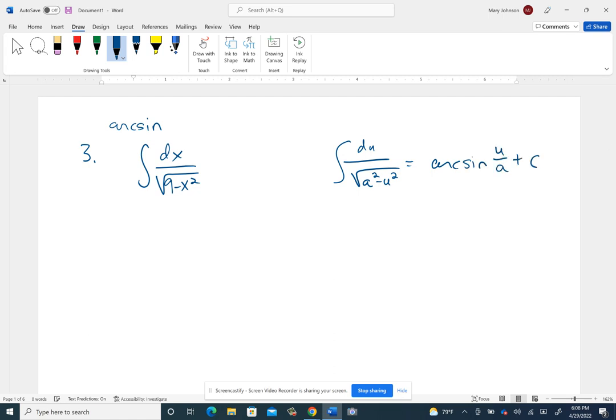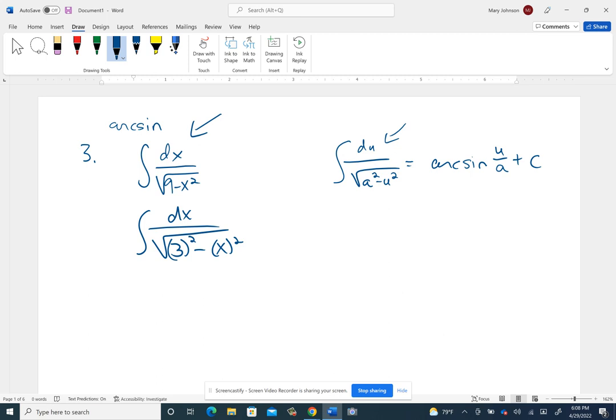All right. Okay, so what we got to do is we got to get what we have over here to look like what we have over here. So we have to figure out what actually got squared in the denominator to make the 9. So here we have that this would be 3 squared minus the x squared. Okay.